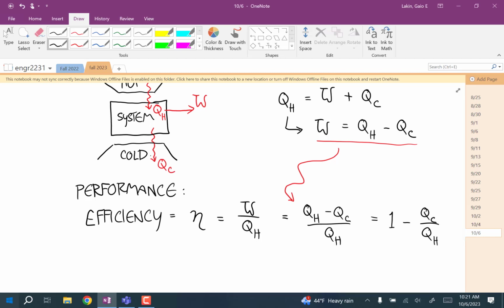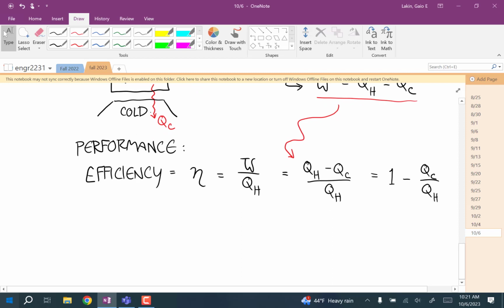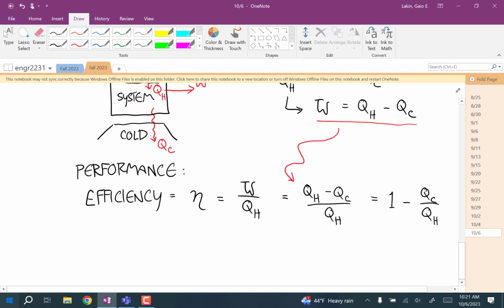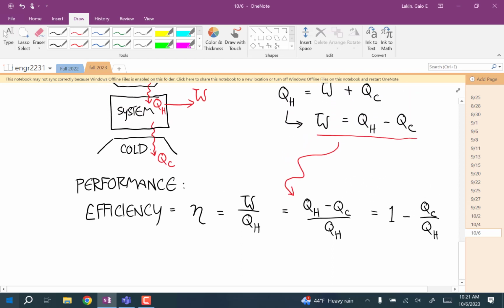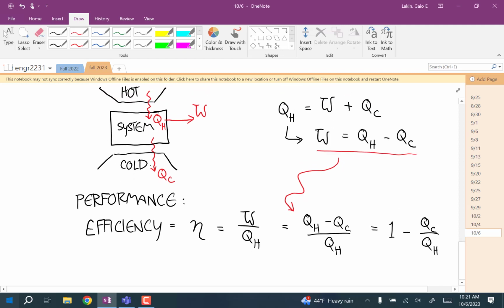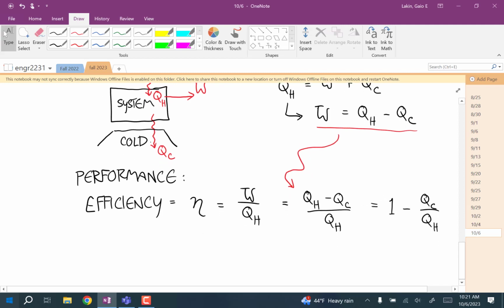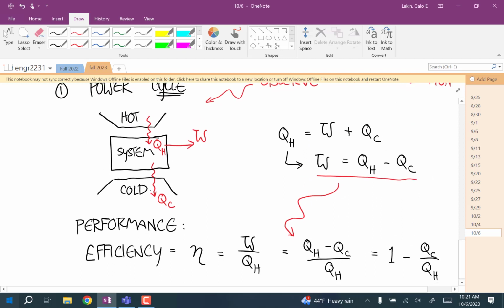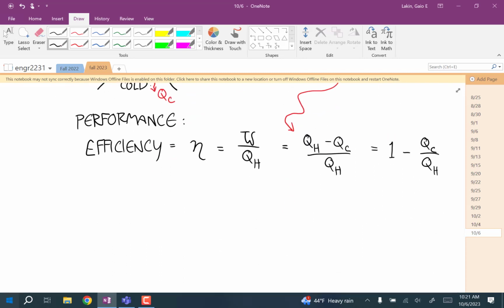And you'll see the benefit of writing it all in terms of heats pretty soon, maybe today. Okay, so that's a measure of the efficiency of a power cycle. We're going to see that there's no way to get one here, but we'll talk about that soon.